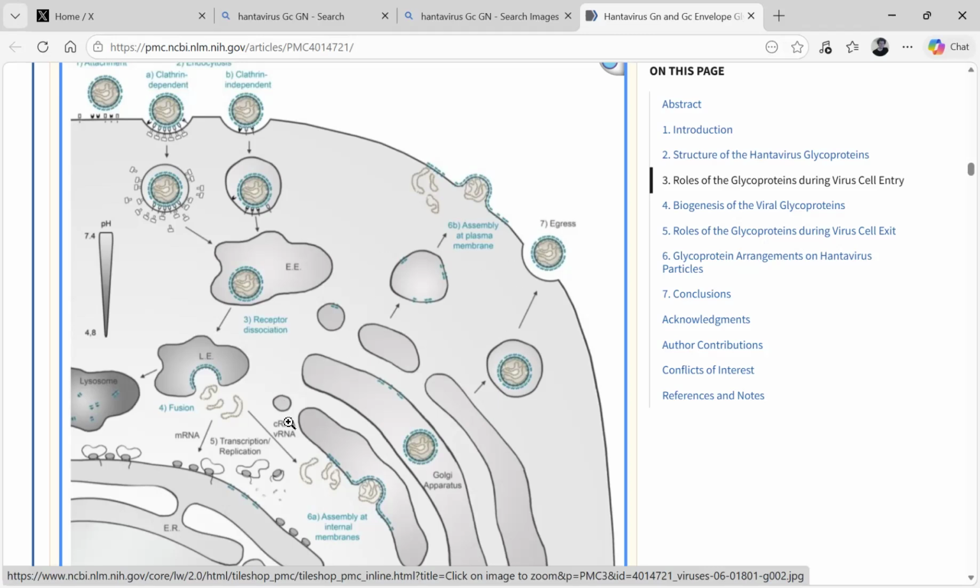Now, there's also a method that I talked about in the previous episode where the genome that's replicated is chaperoned to the cell surface and then packaged and exocytosed.